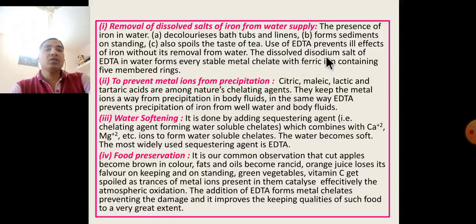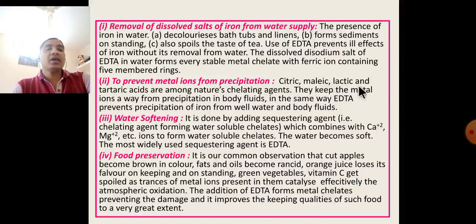The disodium salt of EDTA dissolved in water forms a very stable metal chelate with ferric ion containing a 5-membered ring. This is the removal of dissolved salt of iron from the water by using EDTA. Second, to prevent metal ion precipitation.